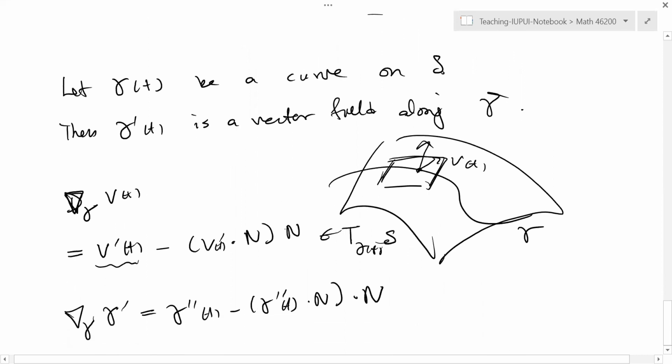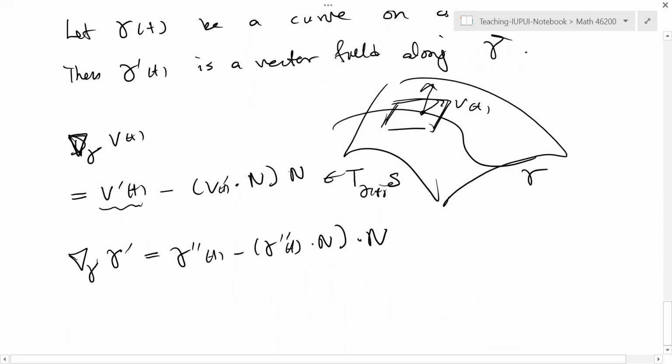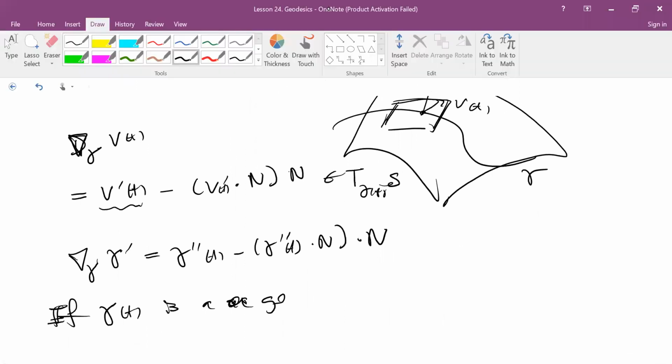So for a geodesic, so if gamma prime(t) is a geodesic, so what do we get?